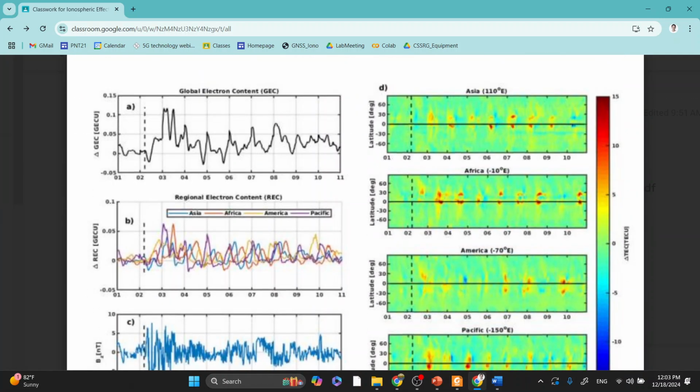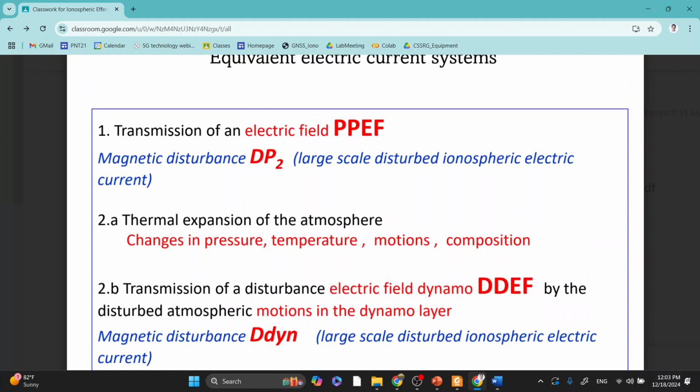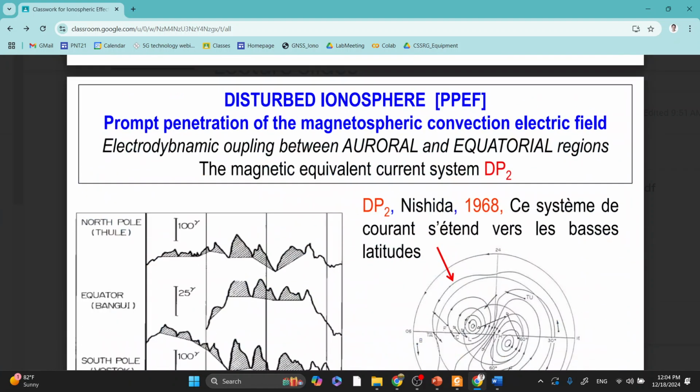Let me see another one I want to look at. Okay, so in her presentation they were talking about two types of the phenomenon related to the electric current in the ionosphere. One is called PPEF, the other one is called DDEF.